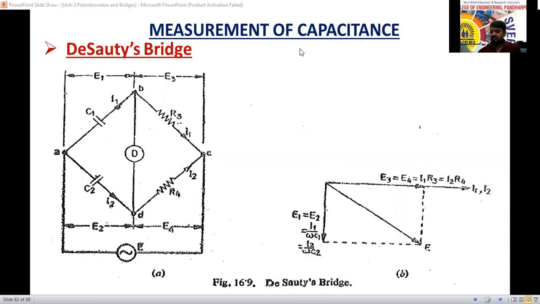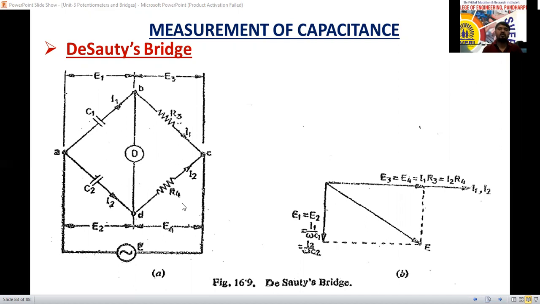Some people have joined now. Okay, so here we have to measure the value of C1. C1 is the unknown capacitance, C2 is the standard capacitance, R3 and R4 are non-inductive resistances.